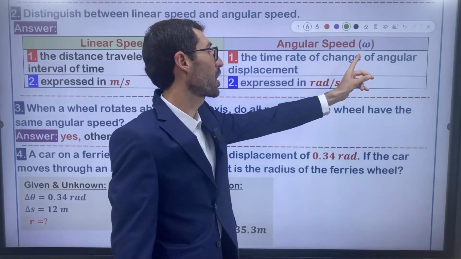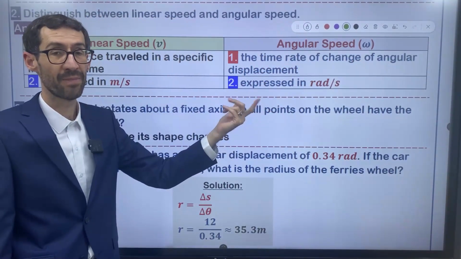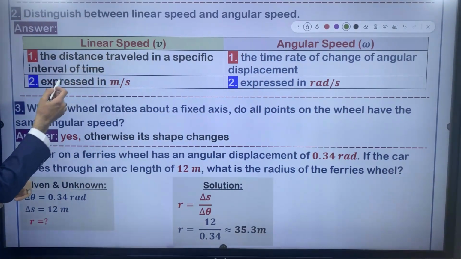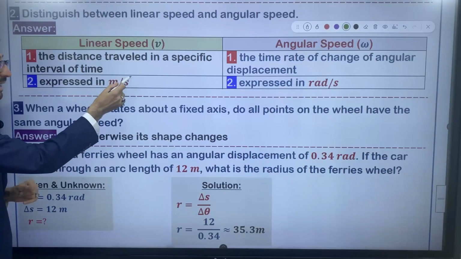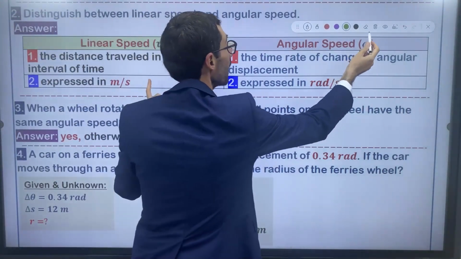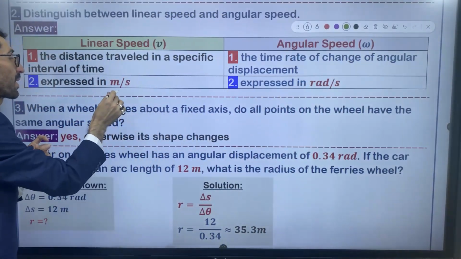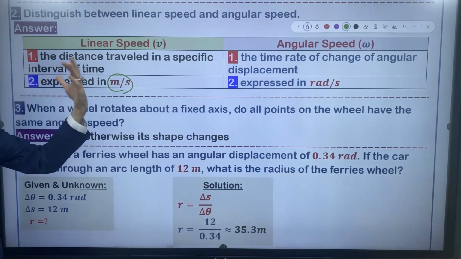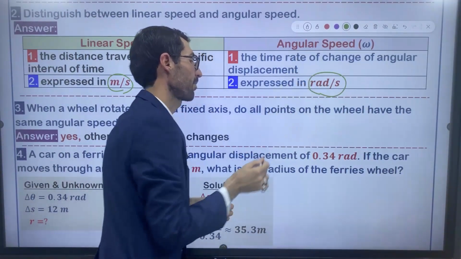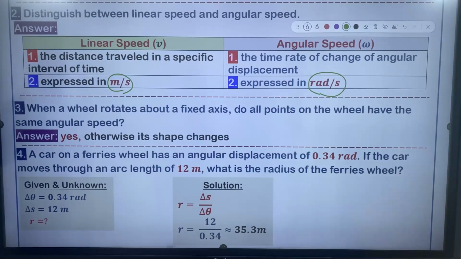It is the time rate of change of angular displacement. Linear speed, or v, is expressed in meters per second because it's a linear quantity. But angular speed, or omega, is expressed in rad per second. That's it.